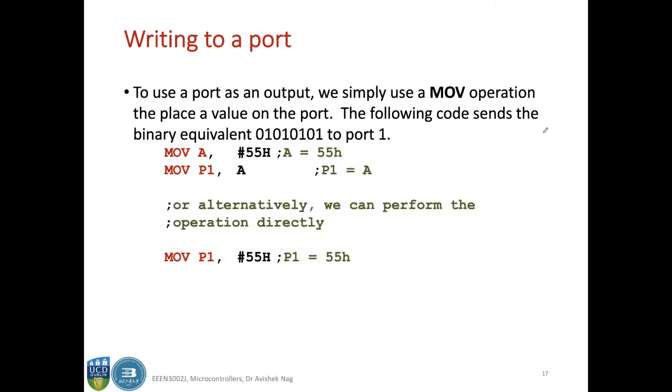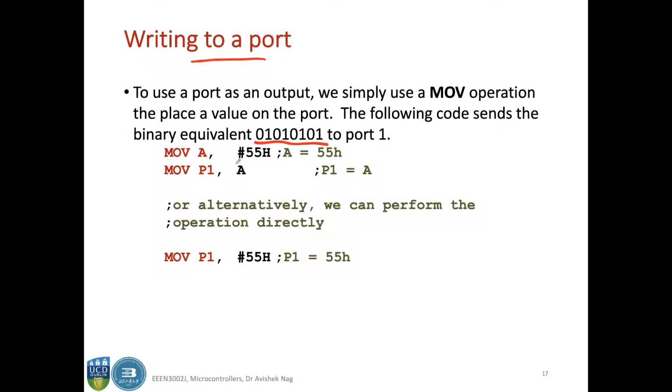So now let's see, when you are using the ports for general purpose input and output, how to write to a port and how to read from a port. So writing to a port is simple. You just move some number to the port. Okay, so let's say the following code sends a binary equivalent of this to port 1.